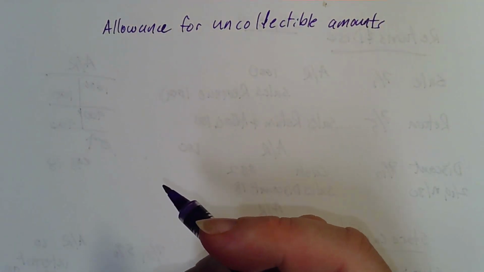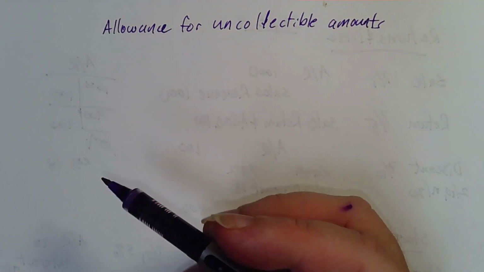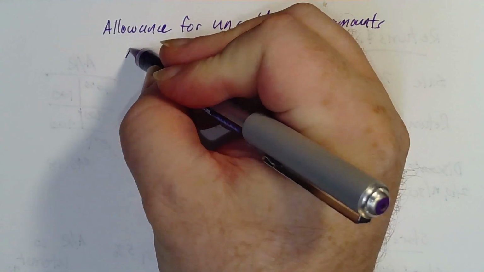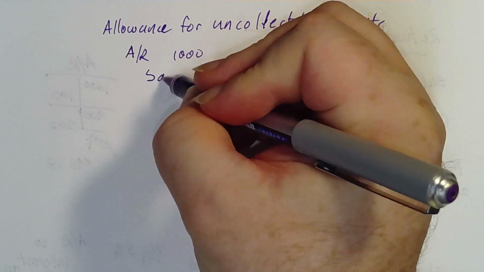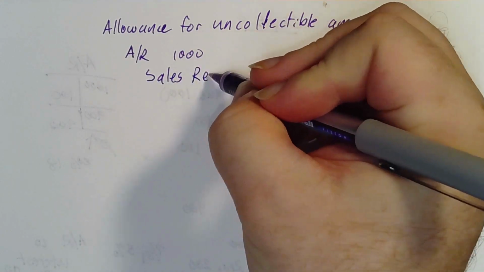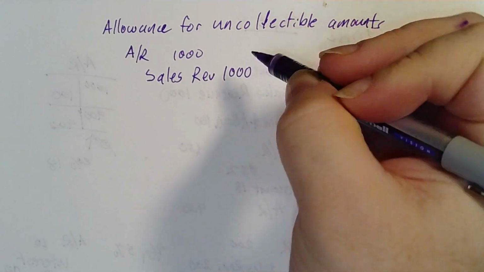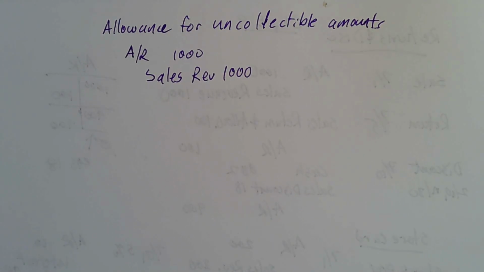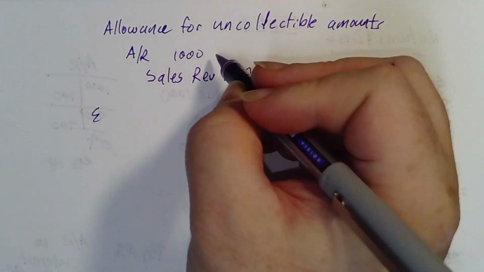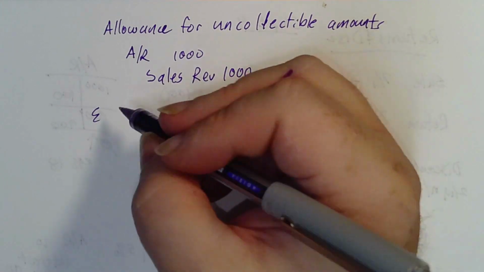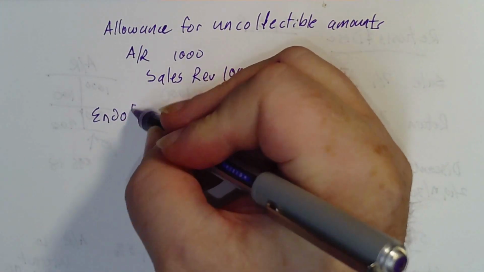So let's say we have this sale of $1,000, and so we record sales revenue. At the same time, we're going to estimate that 5% of that is not collectible. So at the end of the period, if this is all of the sales, we don't do it for each sale. We do it at the end of the period.